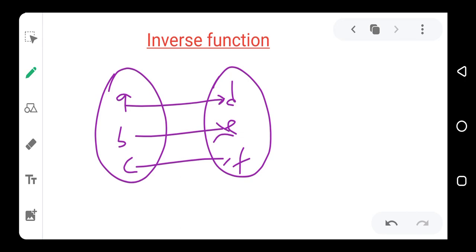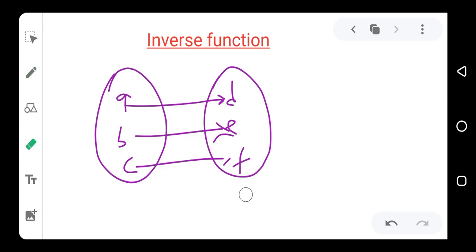A mapping is said to be a function only if the codomain is a set of numbers. That is 1, 2, 3, etc. So with this here, the codomain is a set of alphabets as the elements. Therefore, it is not a function.